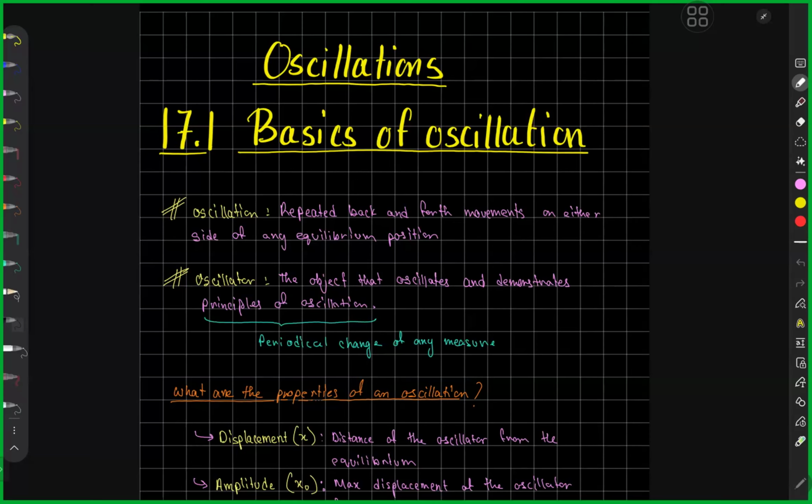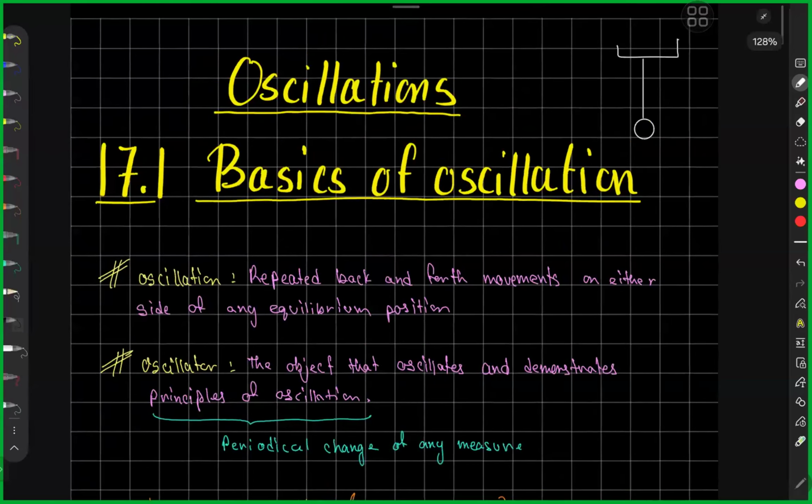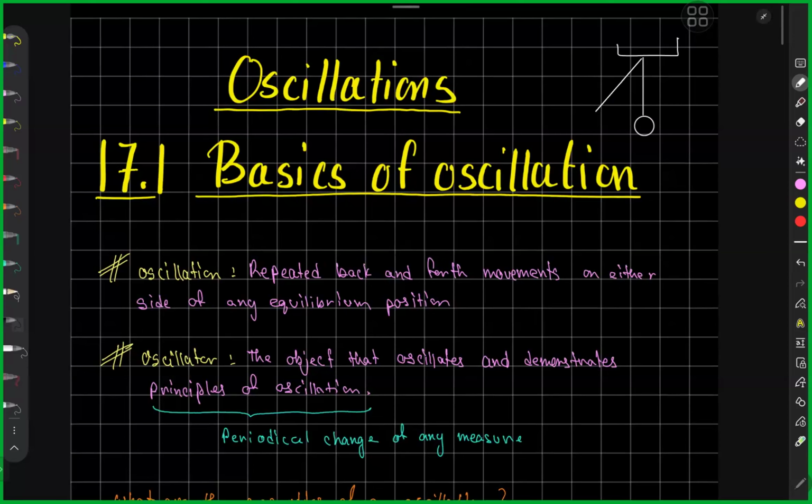Have you seen the pendulum, right? There's a clock. Let's say I just stick a pendulum over here, and let's say I displace this bob, or pendulum, whatever you want to call this. What happens? If you try it on your own, you'll see.